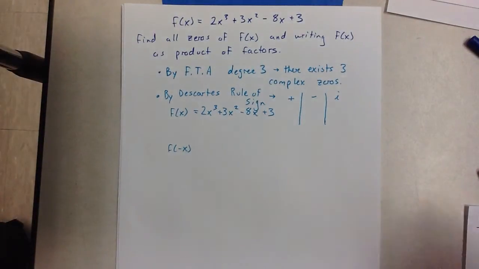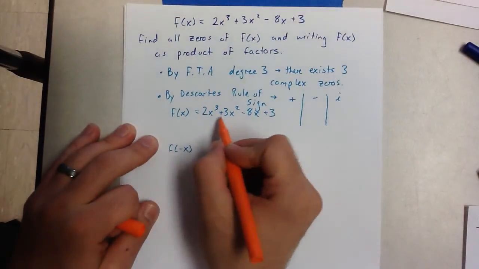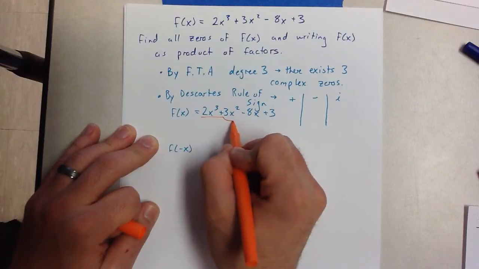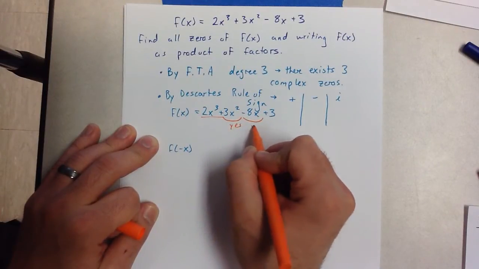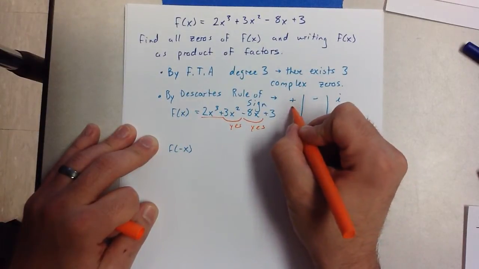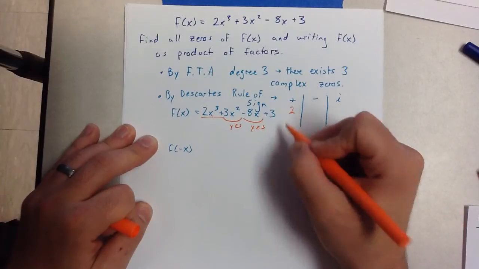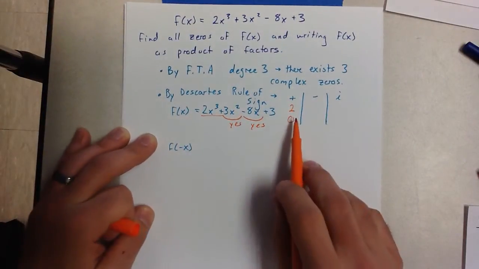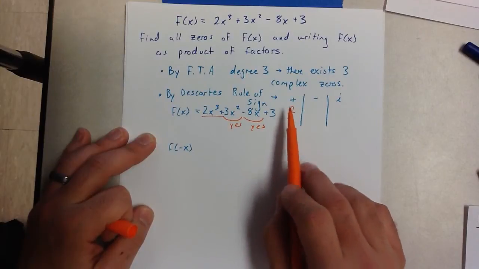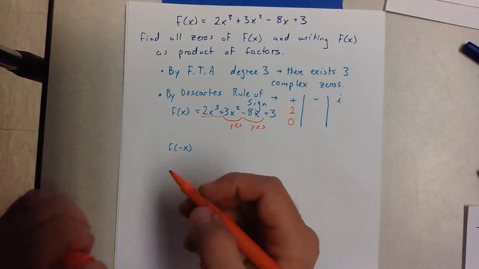We're looking for sign changes. If you recall Descartes' rule of sign, we look for sign changes. So positive, positive, no. Positive, negative, yes. Negative, positive, yes. So that was 2 sign changes, which means we can subtract an even number, or just subtract 2 to get 0. Right now we know we have either 2 positive zeros or no positive zeros.